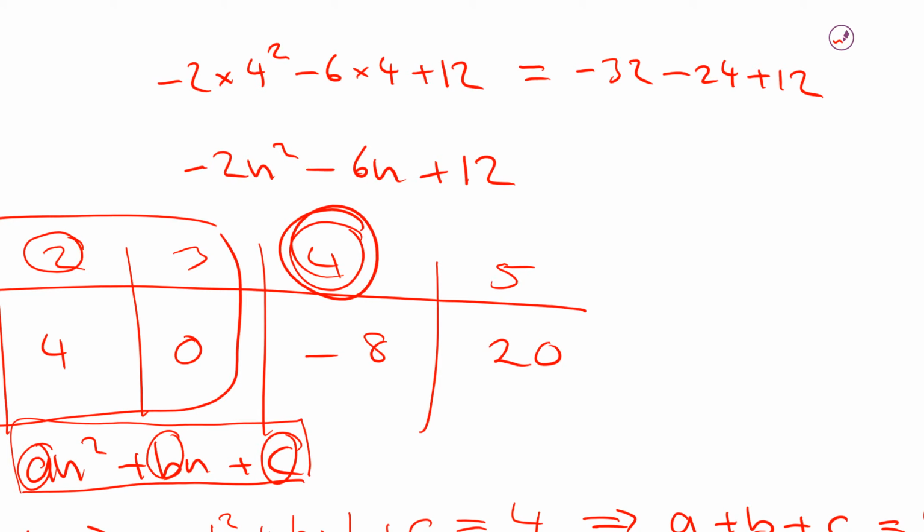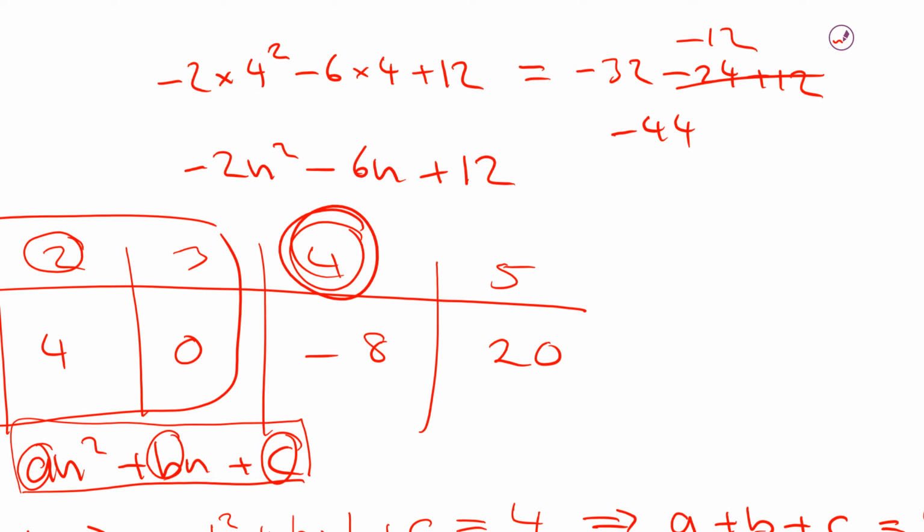Minus 4? What? Wait, no. Something's gone wrong somewhere, because I don't think that's right. Minus 32 minus 24 makes minus 56, plus 12 is minus 44. Wow, that's gone wrong somewhere.